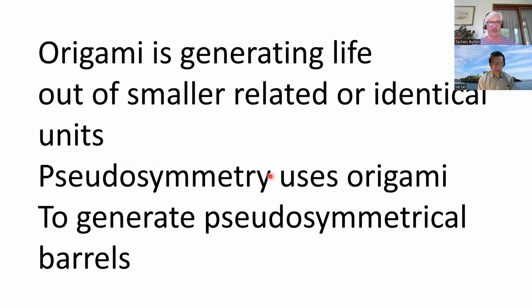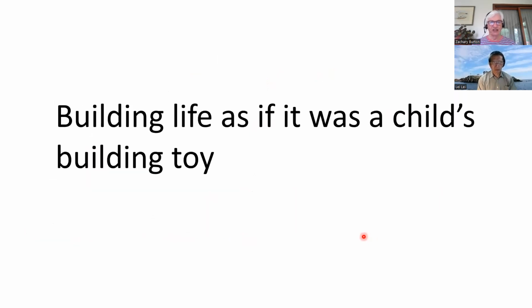Okay, so origami, as we present it, is generating life out of smaller related or identical units. Pseudosymmetry uses origami. Origami generates sequence repeats, and those can be used to generate pseudosymmetrical barrels. So what we're doing here is building life by chemical evolution as if we were playing a child's building toy.